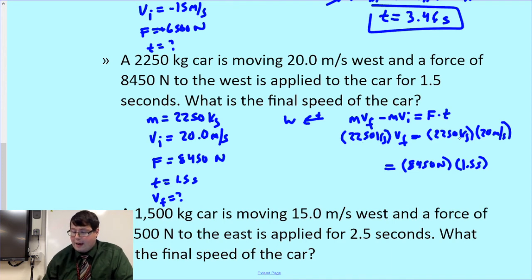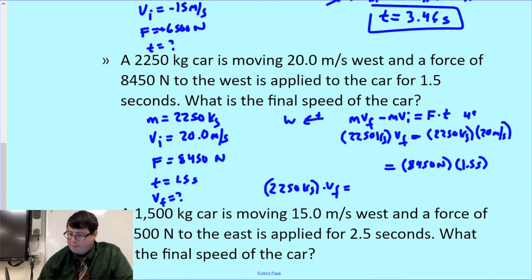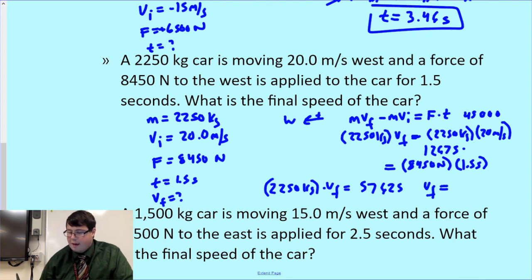When I solve these in my calculator, for this number here I get 45,000. For this number here, I get 12,675. When I add those together, I end up getting 57,675. And so when I solve that for VF, my final velocity ends up being 25.6 meters per second.